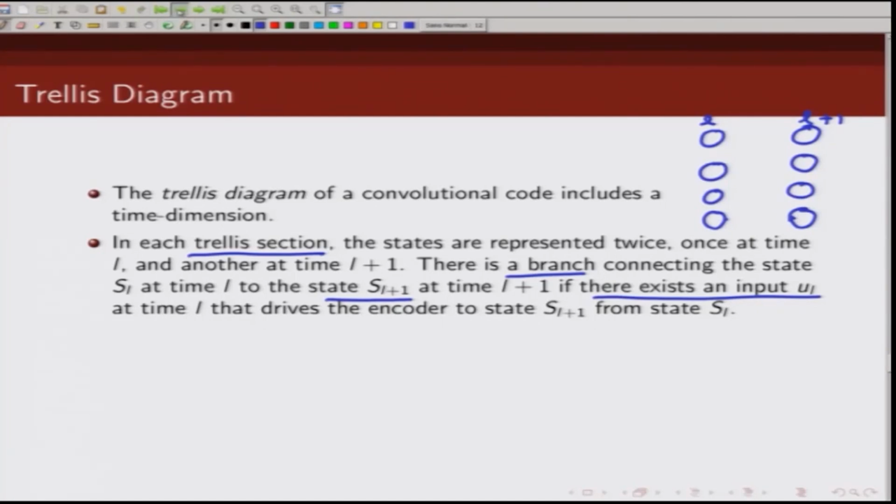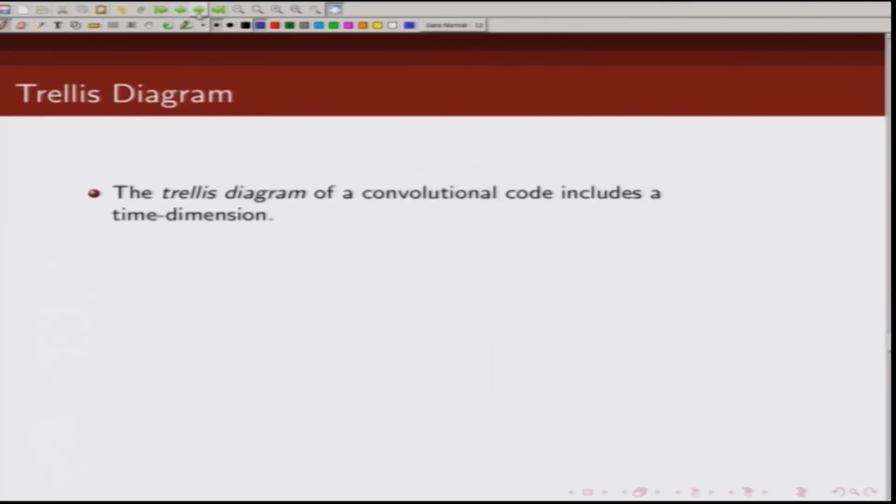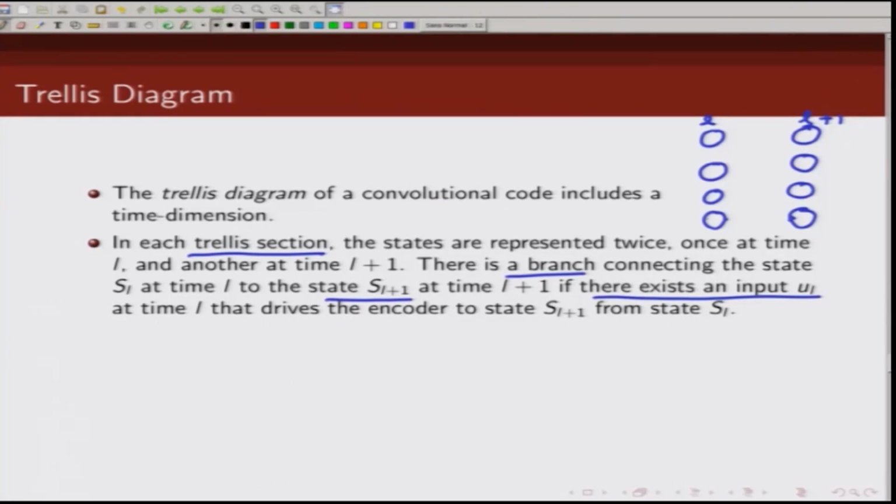For example, let us go back to this. If you are in state 0 and you get a 0, you remain in all 0 state. So, this can be represented here. Let us say this is my all 0 state, let us say 0 0 state, and this is also my 0 0 state. So, there is a transition from here to here, and what is that input that causes this transition?